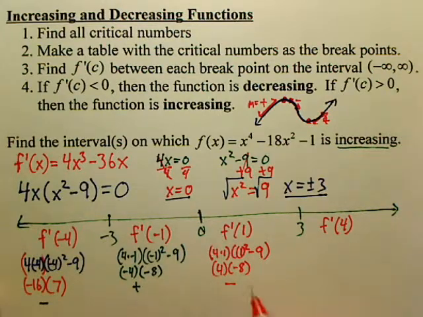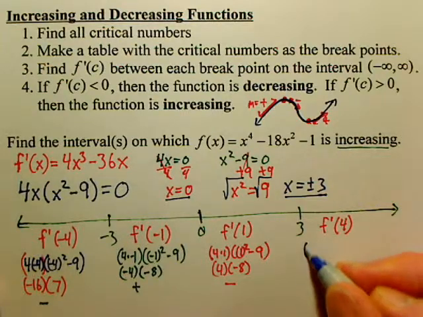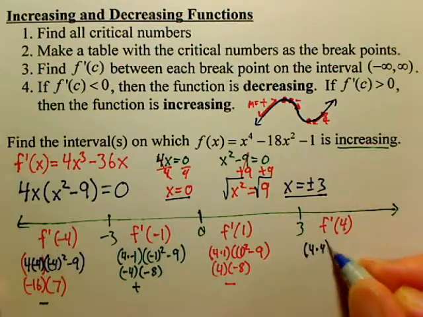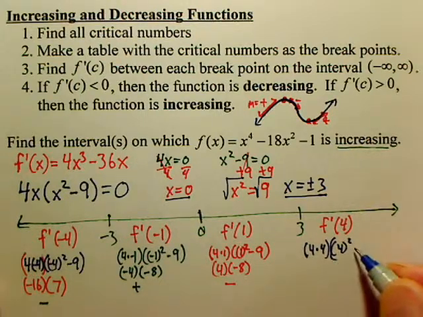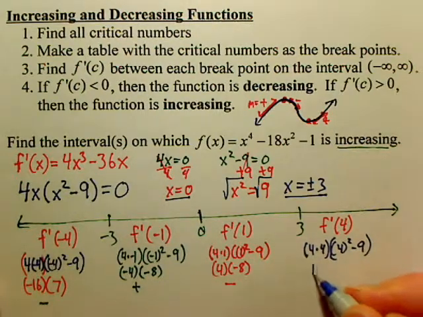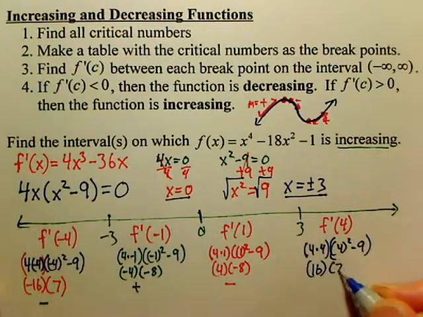Remember, you don't have to worry about getting the value, you just need to know if it's positive or negative, which is kind of nice. So that's decreasing because the derivative is negative, slope is negative. For this last one, we're going to go 4 times 4, and then 4 squared minus 9. So that would be 16 times 16 minus 9 is 7, which is a positive times positive, which is a positive.